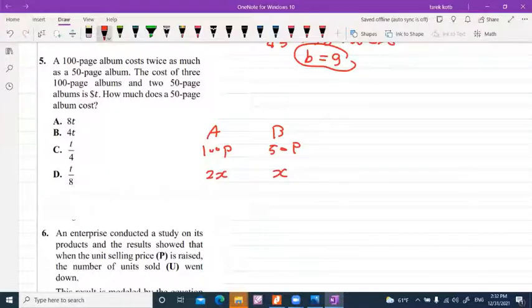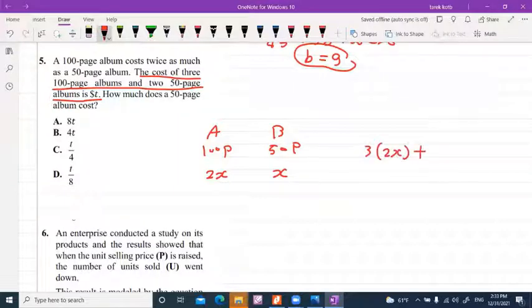How much does the 50-page album cost? Look here, the cost of the 300-page album and the 250-page album is T dollars. This means the cost of the 300-page album plus the cost of the 250-page album equals T. This is an equation.